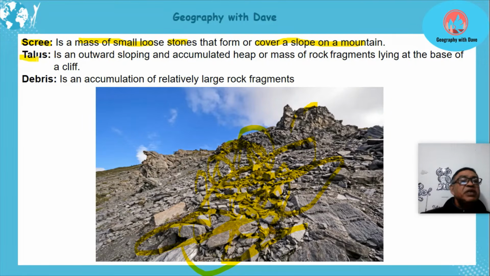Talus, an outward sloping accumulated heap or mass of rock fragments lying at the base of a cliff. So at the base of the cliff, you will get, this is actually more scree, but a heap you will get down here. All right. And then debris, an accumulation of relatively large rock fragments, big pieces of rock that could lie in the areas.